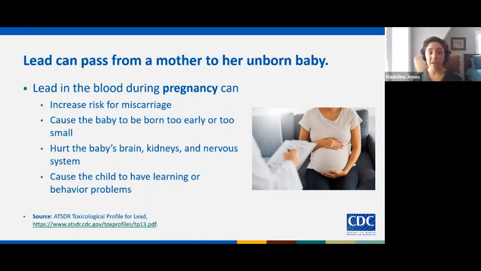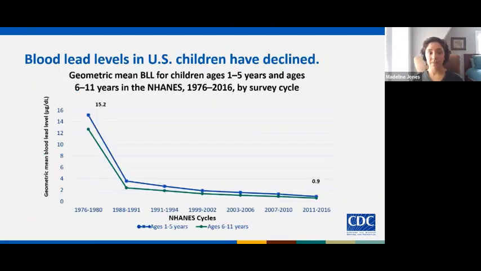Also, if a woman has been exposed to lead over a long period of time or has a history of having higher lead levels in her blood, the lead stored in her bones can be released into the blood during pregnancy. This means that the level of lead in her blood can start to increase during pregnancy and expose the developing baby to lead. Next slide, please.